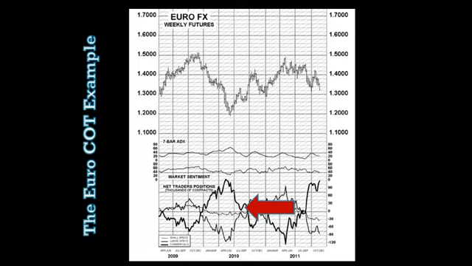If you see a rapid increase of buying and increase of net long positions, and by that I mean, how do you classify that? What is significant? Well, to me, a 15 to 20% increase or decrease in their net positions, and you can get that from the raw numbers in the report.